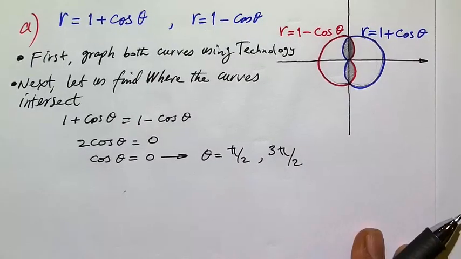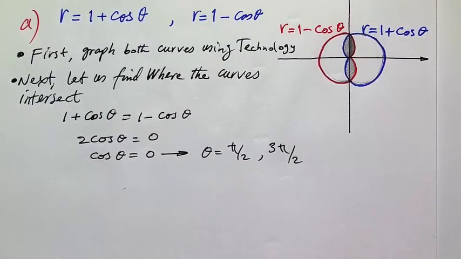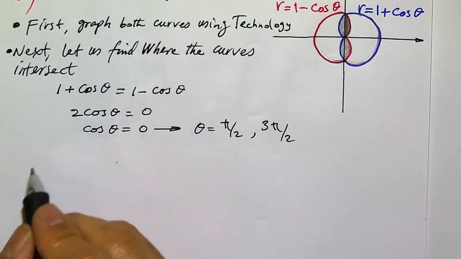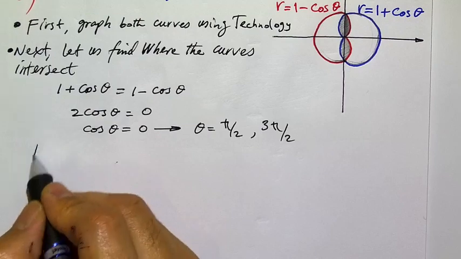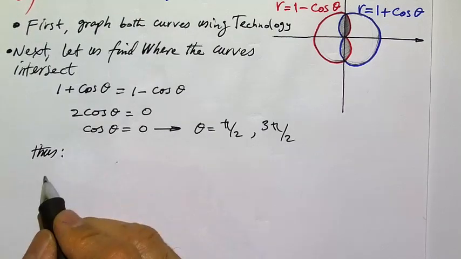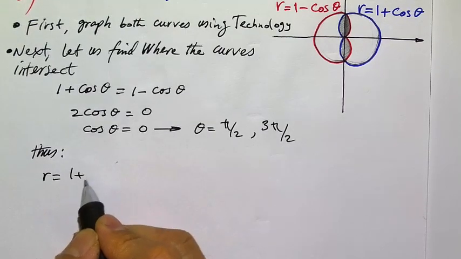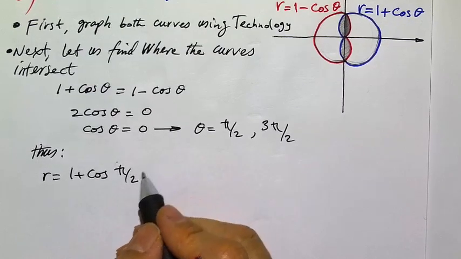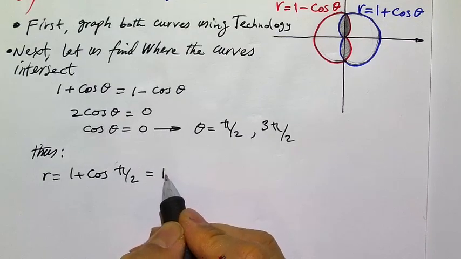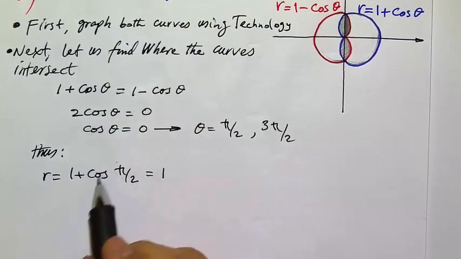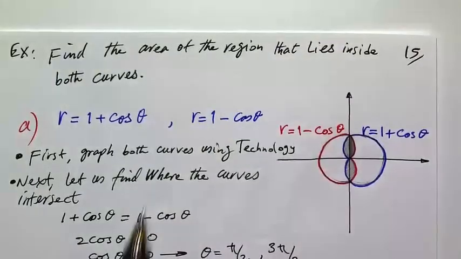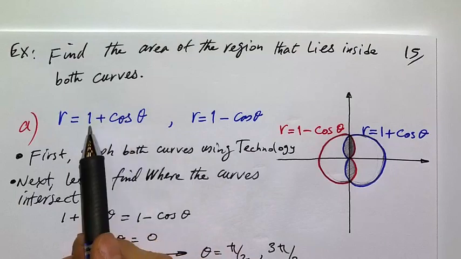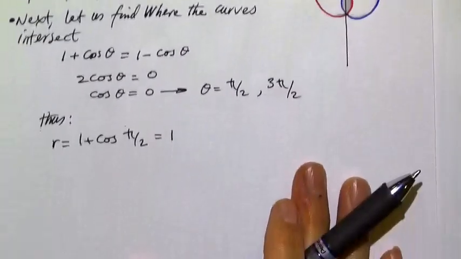Okay, let's find that out. So for r equals 1 plus cosine of pi over 2, we have 1. So these two are equal actually. 1 plus cosine pi over 2 and 1 minus cosine pi over 2, because it's 0. Whether you add 0 or subtract 0 from something, it makes no difference.